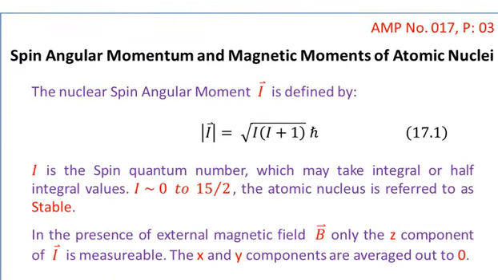Now let's discuss the spin angular momentum and the magnetic moment of nuclei. So here I am talking about two quantities associated with the nuclei, the spin angular momentum and the magnetic moment of the nuclei.